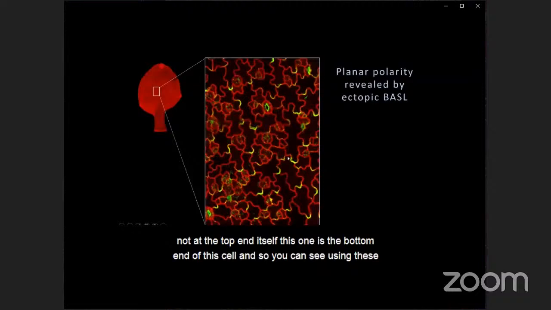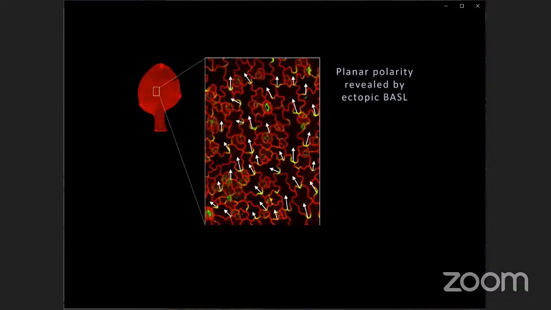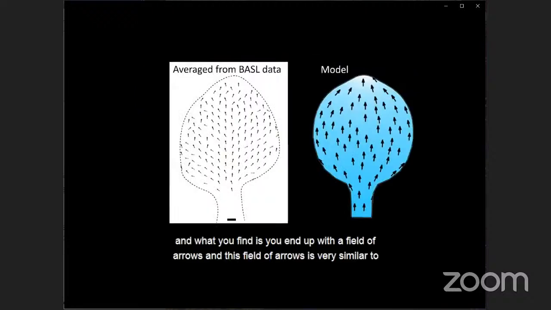And so you can see, using this marker now, we can assign a set of arrows. Every cell actually does have an arrow. It has one end that's different from the other end. It has a polarity. And moreover, you can get the average polarity across the tissue. You go over the entire leaf and you quantify this polarity, and what you find is you end up with a field of arrows.